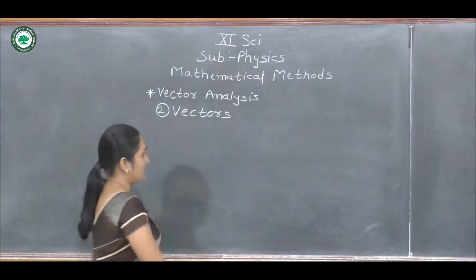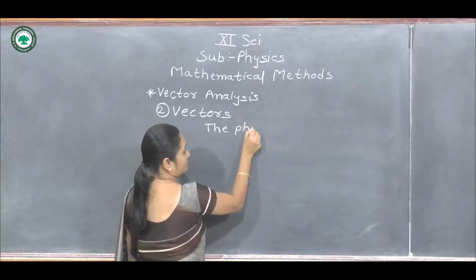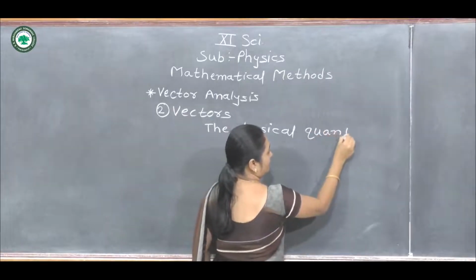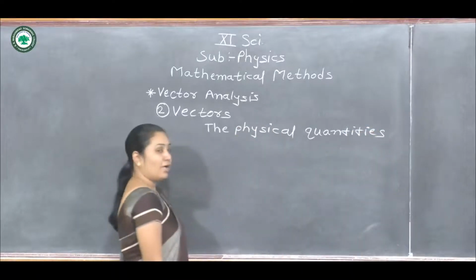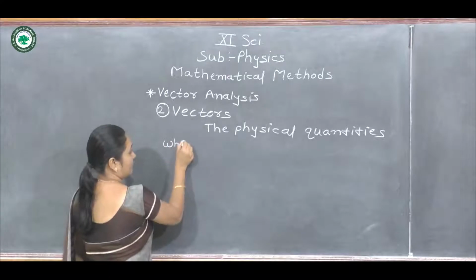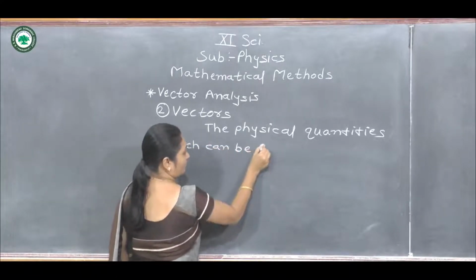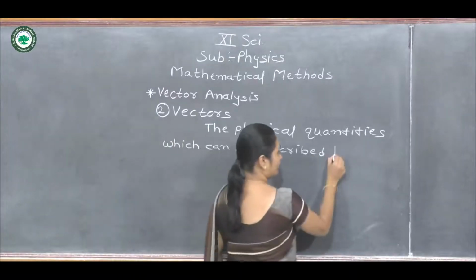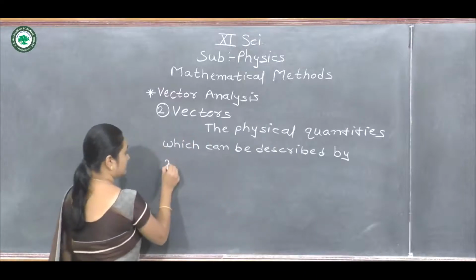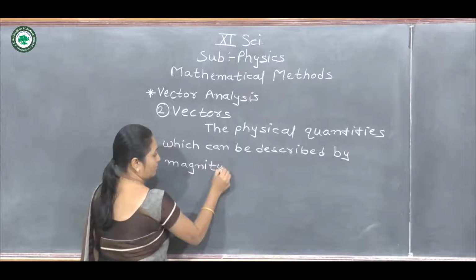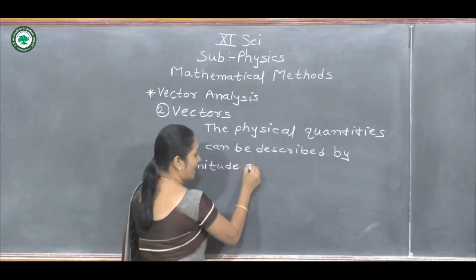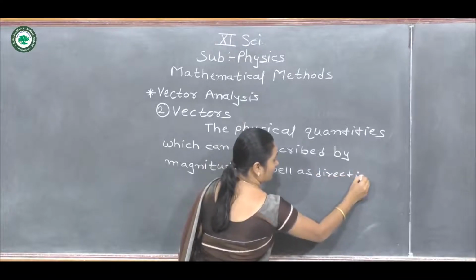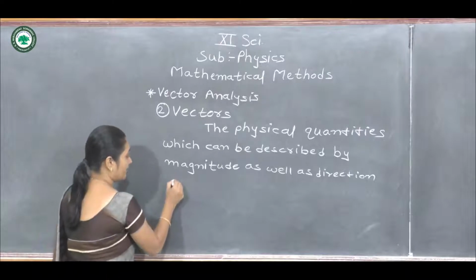The definition of vectors is: the physical quantities which can be described by magnitude as well as direction are called vectors.